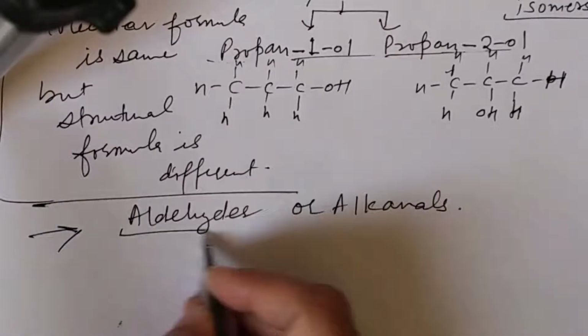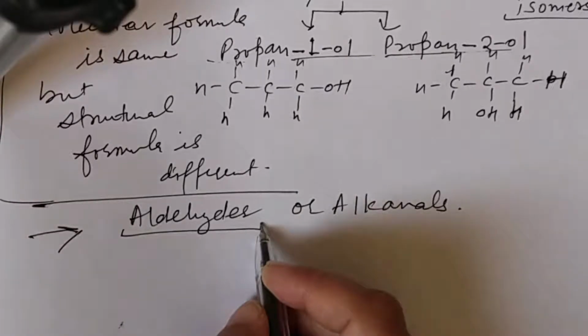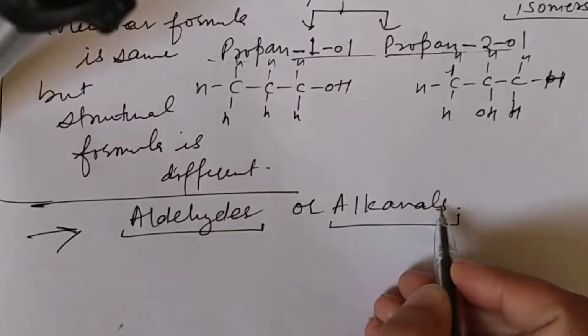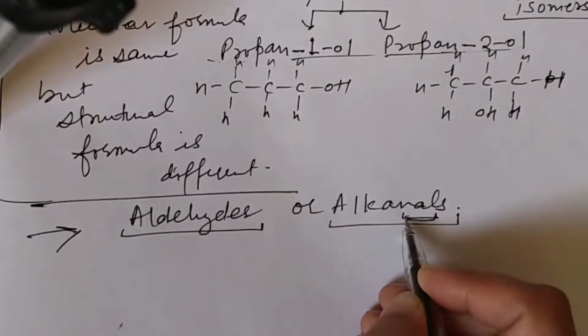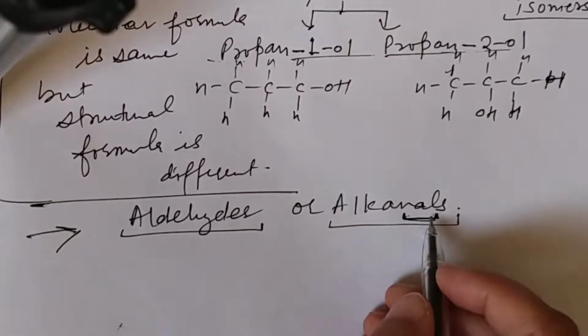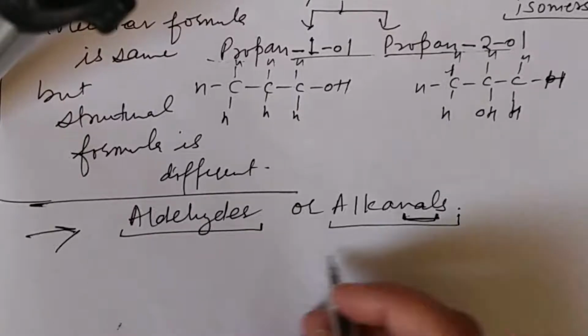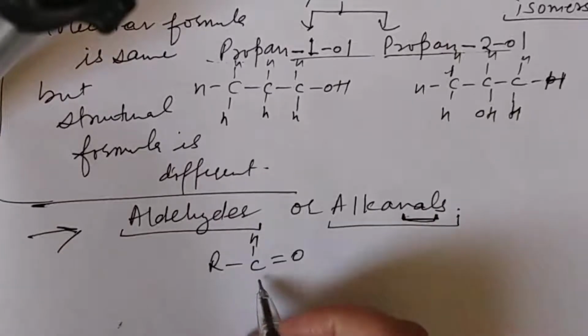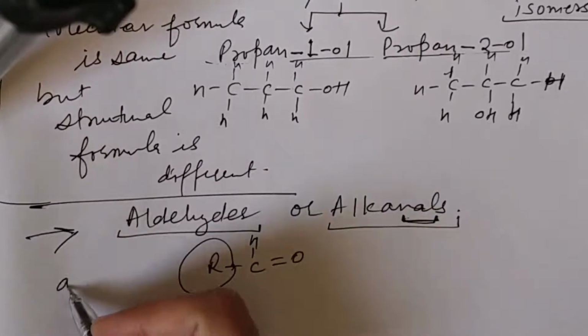The next functional group we are going to discuss here is aldehyde, and the IUPAC name goes like alkanals. Al is used here to indicate the functional group. It will be like RCH double bond O. R is the alkyl group here.